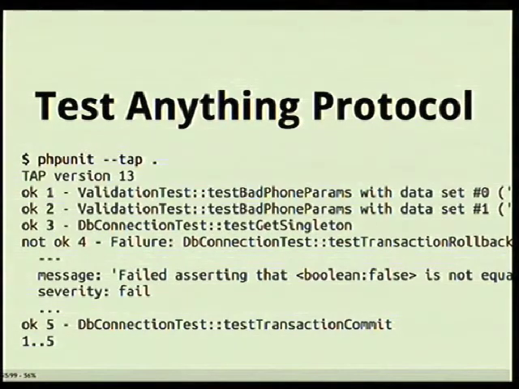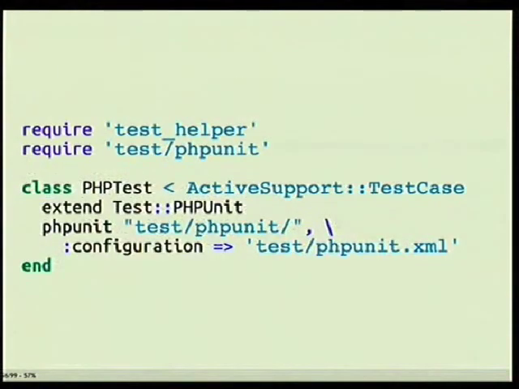If the test didn't, it says not OK. And then there's optionally some sort of YAML-ish stuff to give you more details about the failure and whatnot. So we can basically just pipe this right in. I call out to the external process, and then I pipe the output back in and just parse it out and then fake up little test classes for test unit.